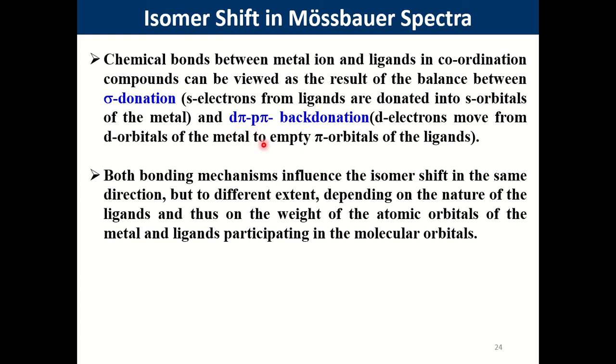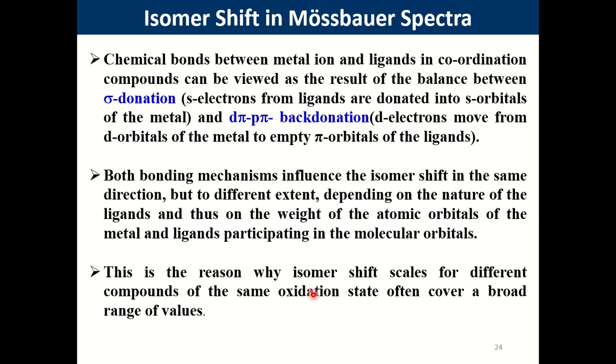Pi bonding is due to lateral overlap, so it has a slightly weaker effect. So the statistical weight, in terms of increasing the s electron density at the nucleus, will be different depending on the metal and the participating ligand.